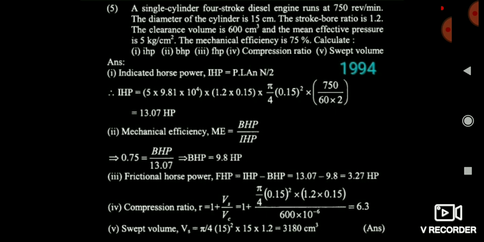Friends, it is asking about IHP, so you have to divide it by 746 also. I think all of you know that 1 HP is equal to 746 watt. So you should divide it by 746, then you can get your value in HP, that is 13.07.